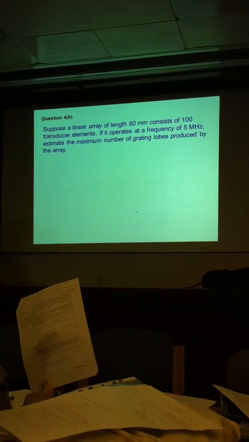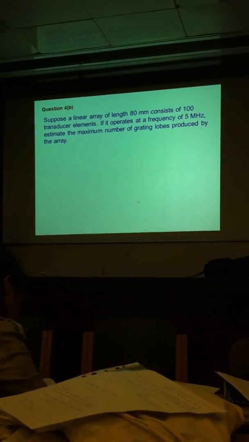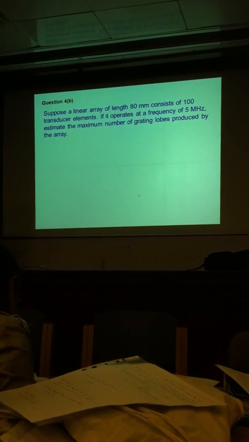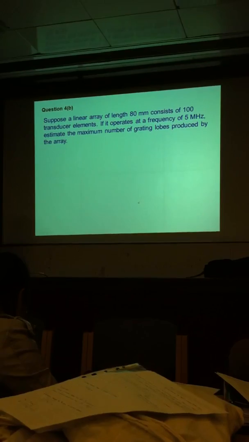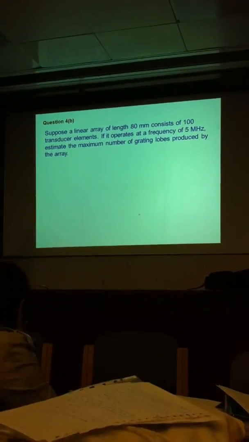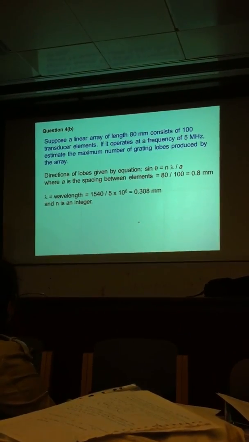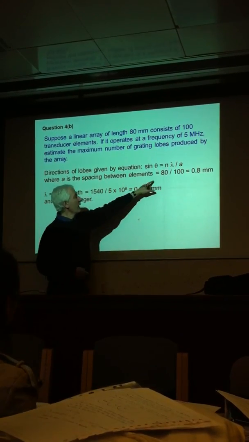So, suppose a linear array of length 80 millimeters consists of 100 transducer elements. If it operates at a frequency of 5 megahertz, estimate the maximum number of grating lobes produced by the array. In other words, we need to employ that equation, sine theta equals n lambda over A. So A, the spacing between the elements, we can calculate.